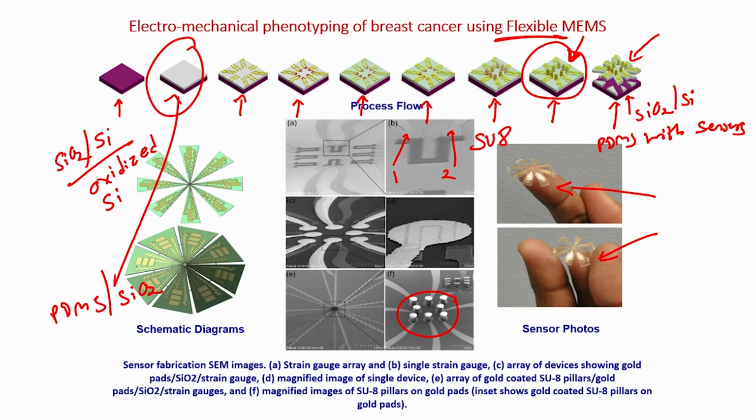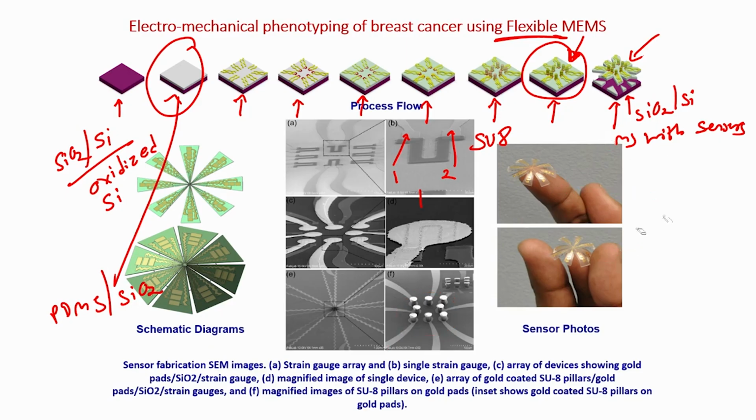Just 1 for the electrode. We consider the electrode to be the gold pad over which there are SU8 pillars, or if we talk about a single one, a gold pad with an SU8 pillar, and that SU8 pillar is conductive because we coated it with a metal. Okay. Now, we have a sensor.